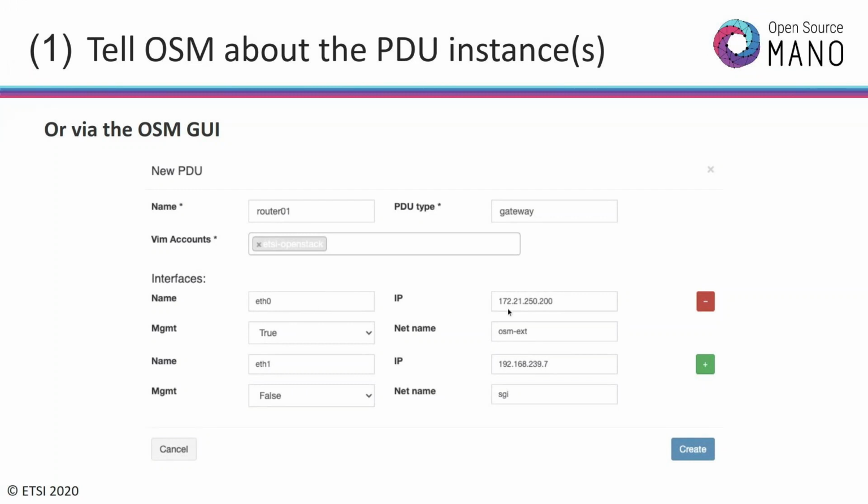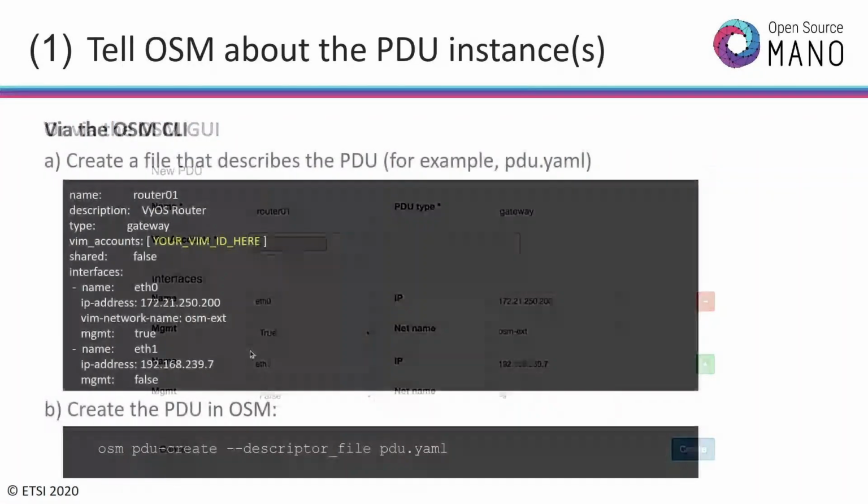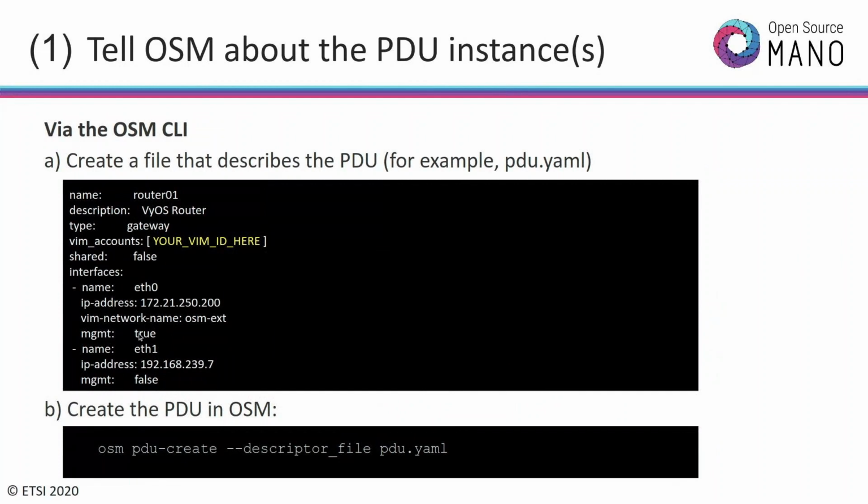And it's important for you to put the management network. This is the most important parameter. The IP address of management, and say that this interface here will be the management network, just as we put here, management true. Why is this important?